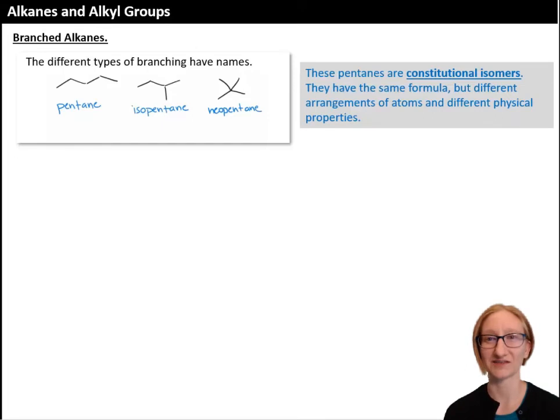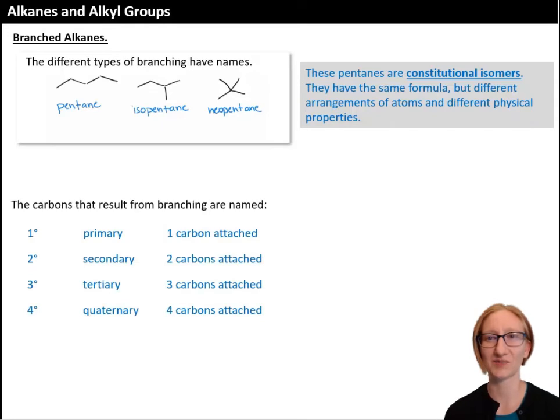These are the alkanes. We can also have an alkyl group that's attached to a longer chain. The carbons that result from branching are also named. So a carbon with 1 other carbon attached is a primary carbon. A carbon with 2 other carbons attached is a secondary carbon, and so on.